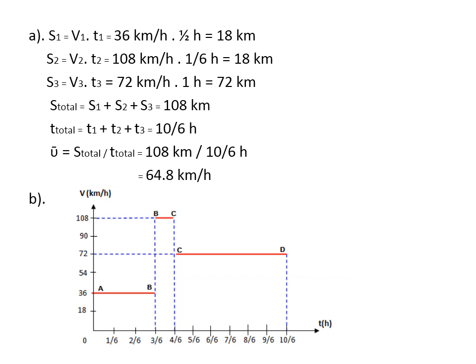So the time interval of motion BC is between 3 per 6 hour and 4 per 6 hour. And for the final motion from C to D with constant speed 72 km per hour in 1 hour, the line is constant between C and D and the time interval is between 4 per 6 hour to 10 per 6 hour.